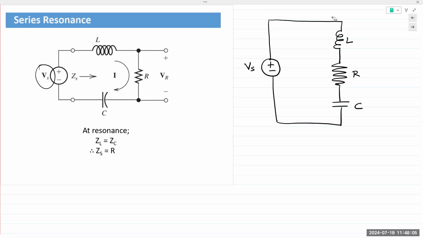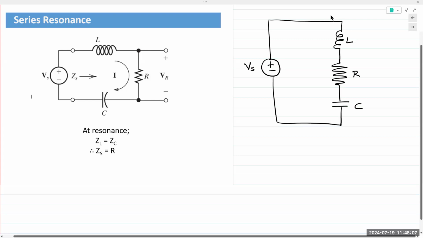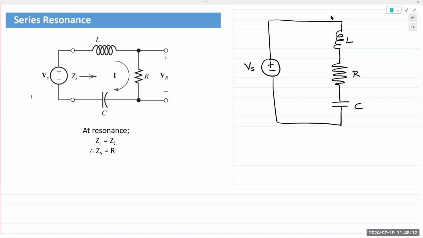Okay. And that phenomenon takes place only at one single frequency, and that frequency is known as the resonant frequency. And the phenomenon is known as electrical resonance. If you are taking the lab, you would be able to see this phenomenon in the lab, where the voltage across one of the components would be larger than your source voltage.